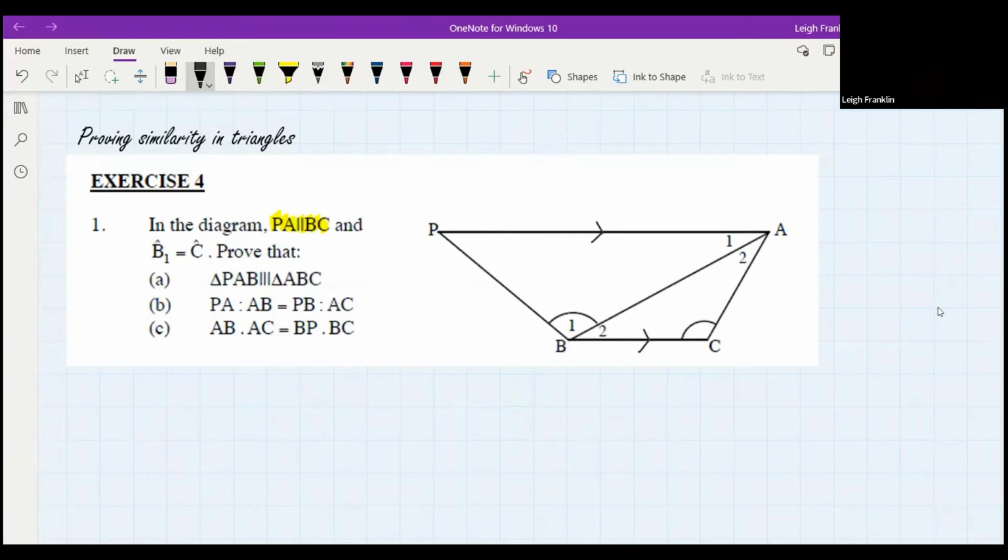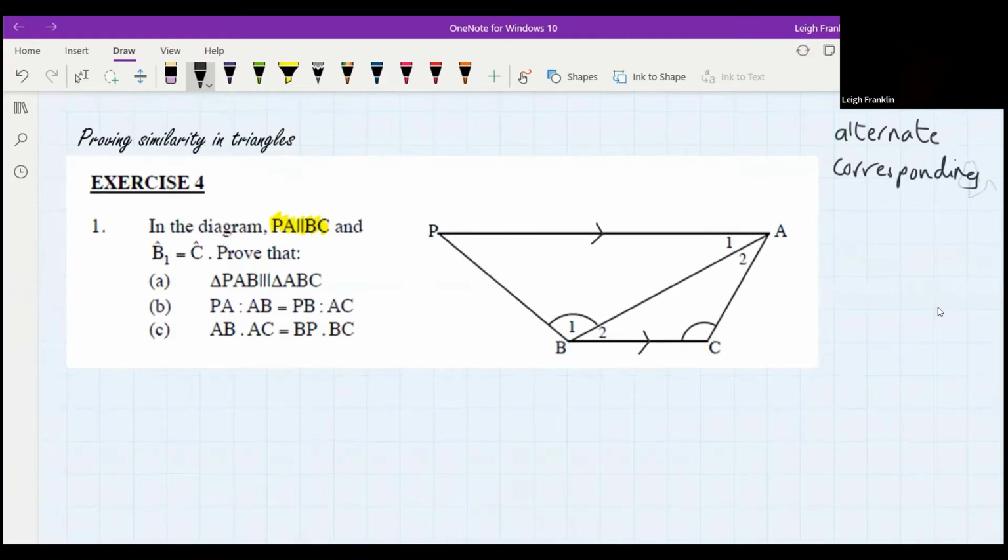Alternate angles. Do you remember alternate angles? Exactly. Corresponding angles. And then the other kind of angles that we got, although they're not equal to one another, was co-interior angles. But co-interior angles are not so useful to us because they're not actually equal. They add up to 180. But certainly alternate and corresponding could be very useful to us in this situation.